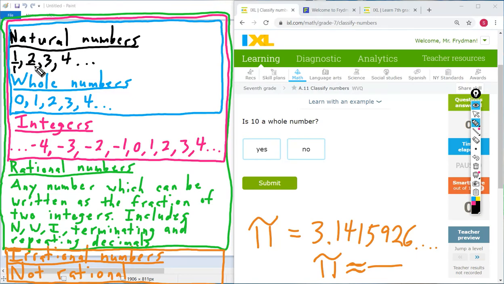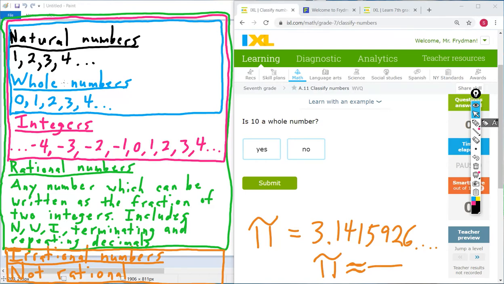We could put all of these over 1 and write them as the fraction of two integers. We don't usually write them that way, but we could if we wanted to, so they fit the definition of rational numbers.